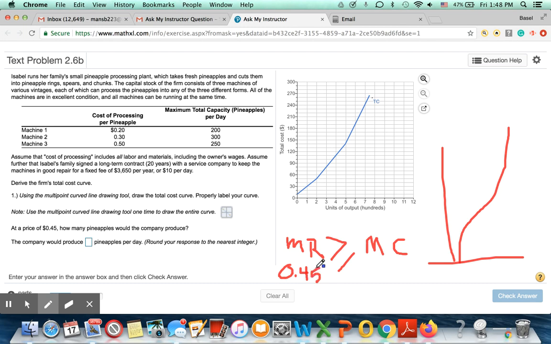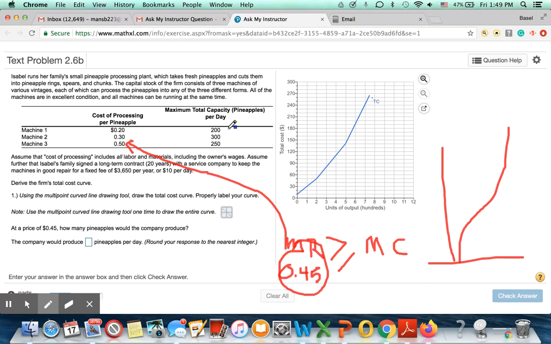Let's see which machine you should use. You're not going to use machine 3, right? If you receive 45 cents and the machine costs you 50, it doesn't make sense to use this one. This will be more expensive to produce. So you should produce only using machines 1 and 2, right?